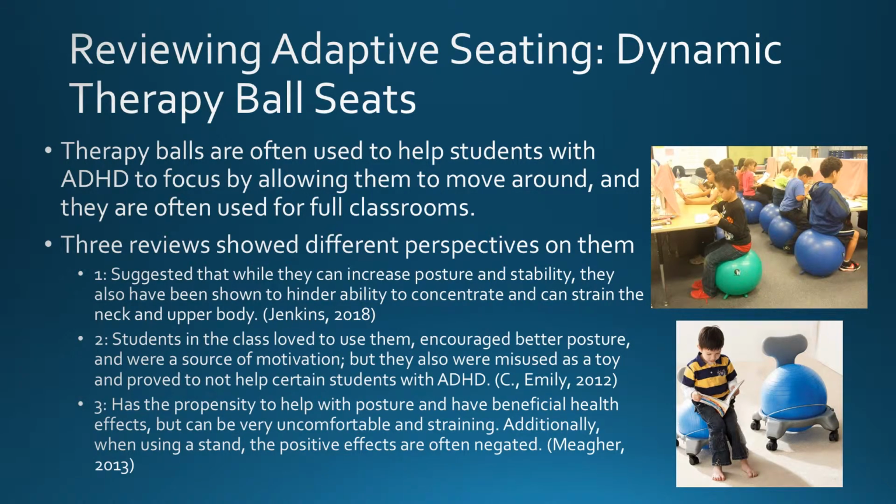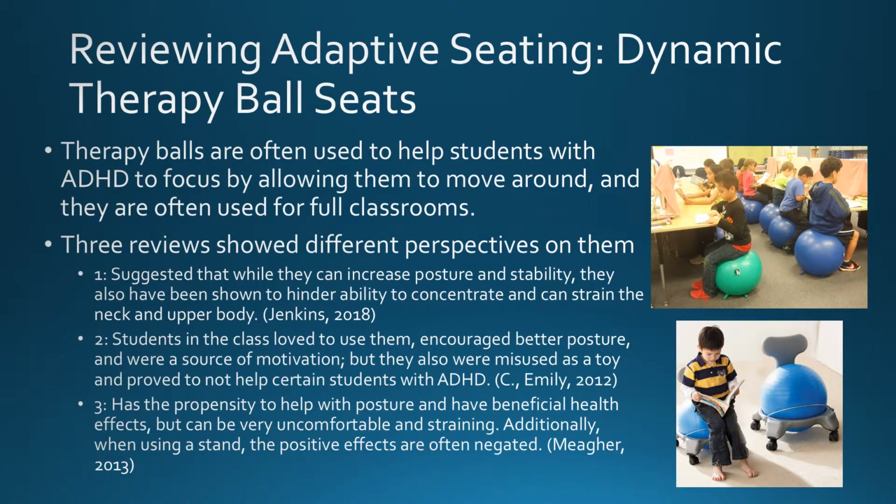And the third view suggested it does have the propensity to help students with posture and have beneficial health effects, but can be very uncomfortable and straining. Additionally, when using a stand, such as in the picture over next to the review here, the positive effects are often negated.